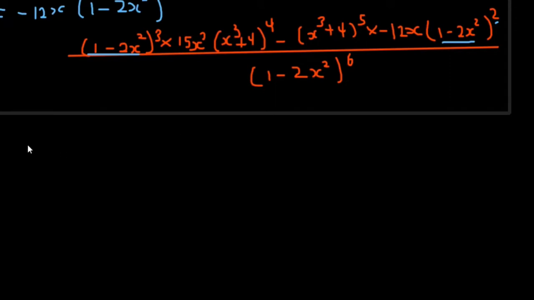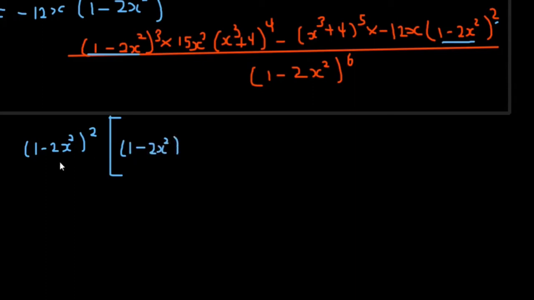I'll now have (1 minus 2x squared) to the power 2, multiplying this. So this is to the power 3. When I bring the squared out, we're left with what? 1. So I'll now have 1 minus 2x squared.